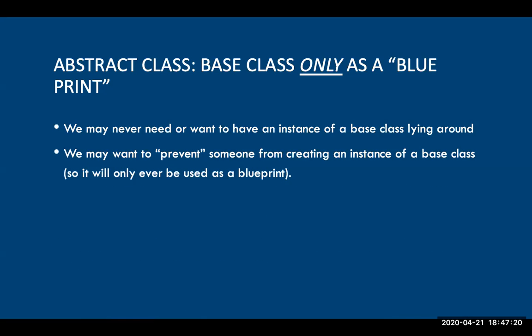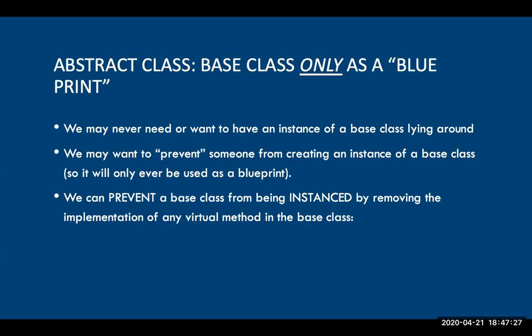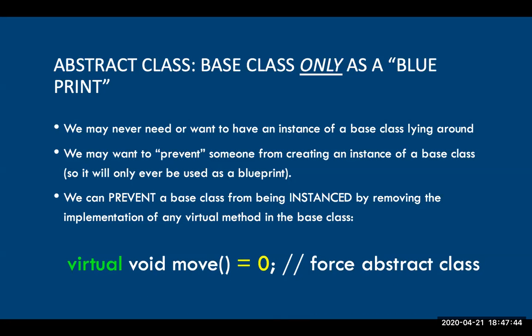So how do we prevent a class from being instanced? Because it's basically not going to be complete. The way we do that is we forcibly remove any default implementation of a particular method. If that method doesn't have an implementation in the base class, then it can never be instanced. The compiler won't instance it. The way we do that is with this very interesting syntax: we say virtual void, whatever the name of the method is, and we set it equal to 0.